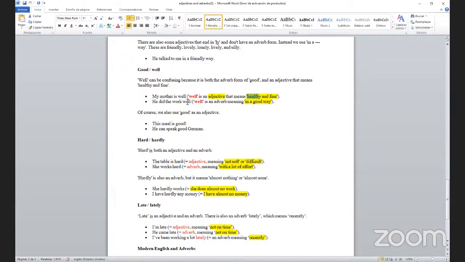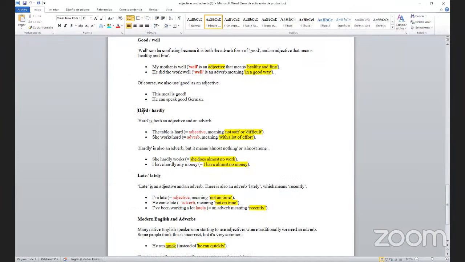In this case, I am qualifying the way of the action, how the work was done. Of course, we also use good as an adjective. This meal is good. He can speak good German. Okay, so this is for good and well.